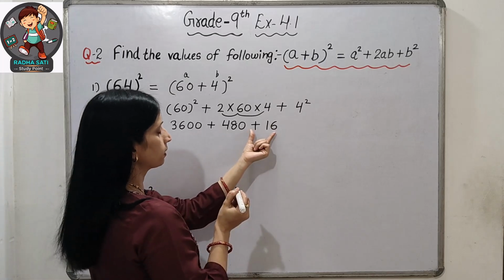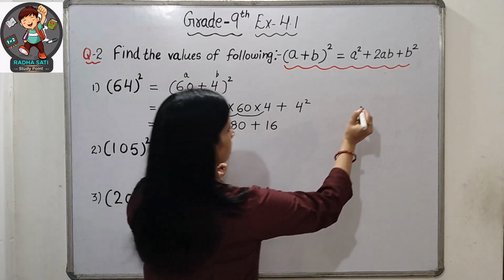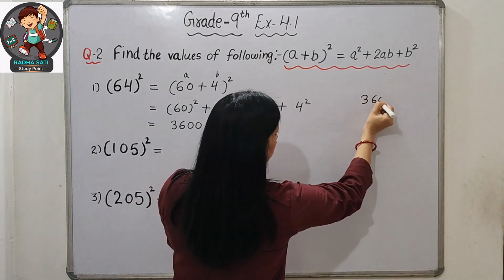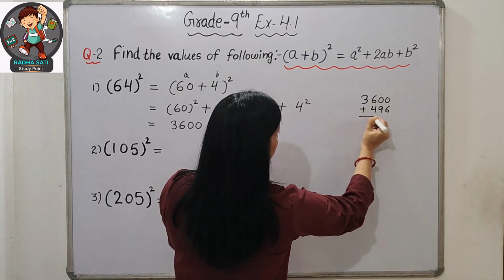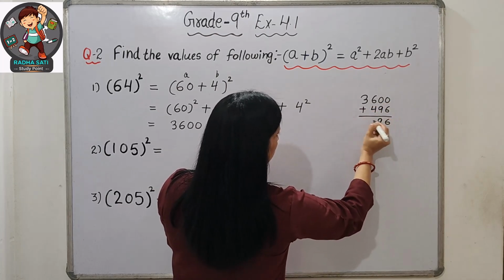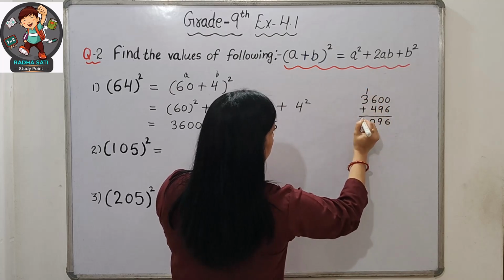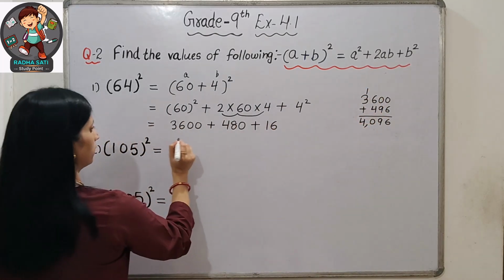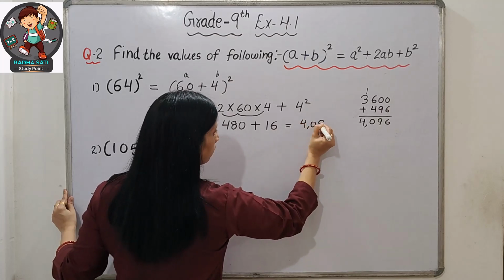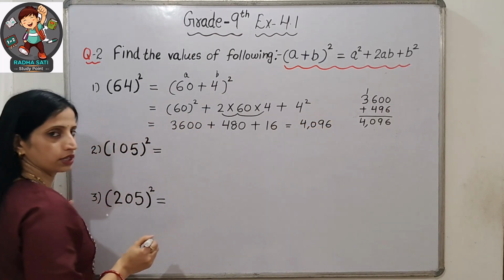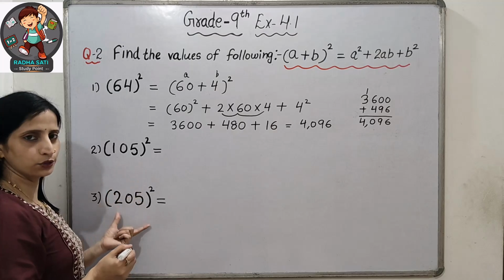So 480 plus 16 will give you 496. So 3600 plus 496 will give you 4096. So our answer will be 4096. Similarly we will find the values of these.